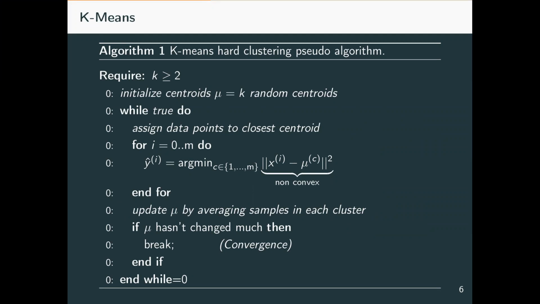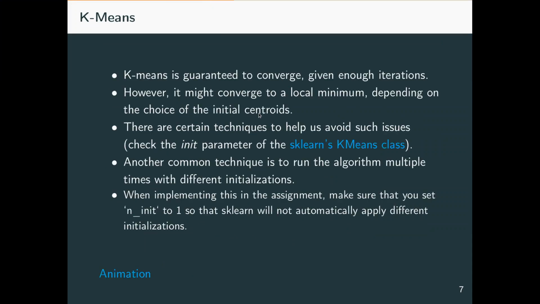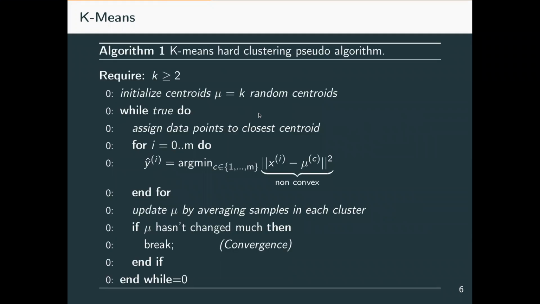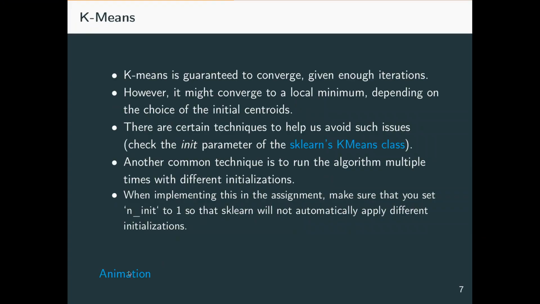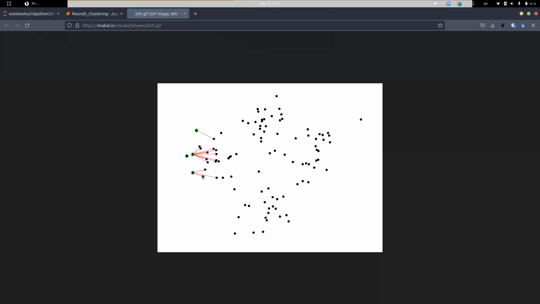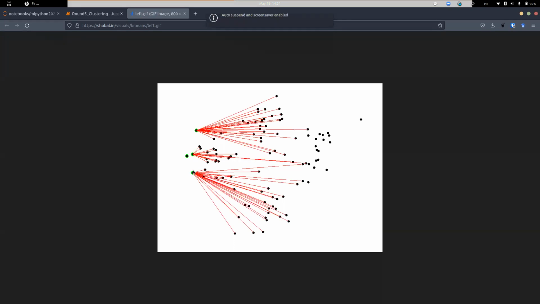K-means is a hard clustering method that works following this pseudocode. We first initialize some centroids. I will show this animation first and then go to the algorithm. As you can see here, we first initialize these four centroids.